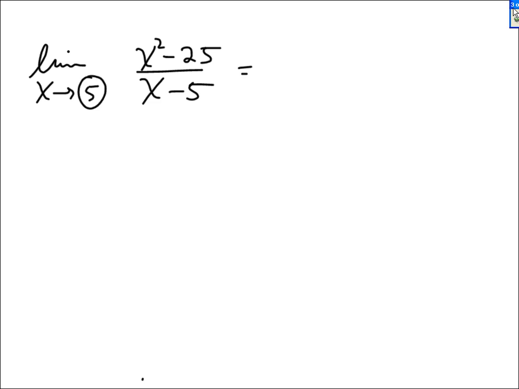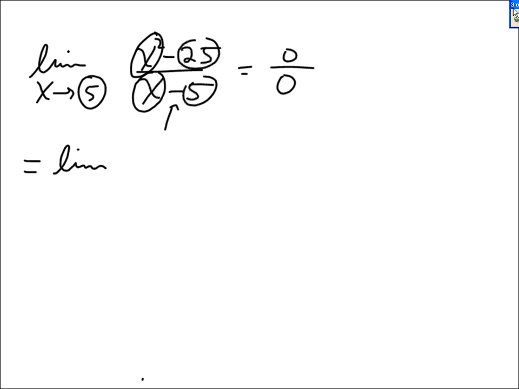So x is 5. 5 squared is 25, minus 25 is 0. x is 5, 5 minus 5 is 0. This is indeterminate, so we need to do something to determine it. Since the top and the bottom of the fraction, numerator and denominator, are polynomials, we can factor.